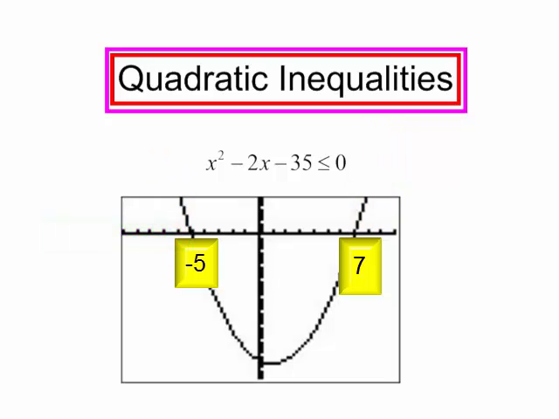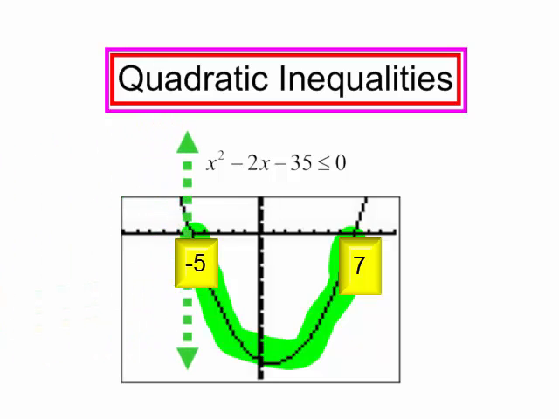They're positive. But remember, we wanted negatives. So we want to look at this part of the graph that is below the x-axis, where my y's are negative. So if I wanted to divide these up into sections, yes, we know that it crosses the x-axis at -5, and it crosses the x-axis at 7.